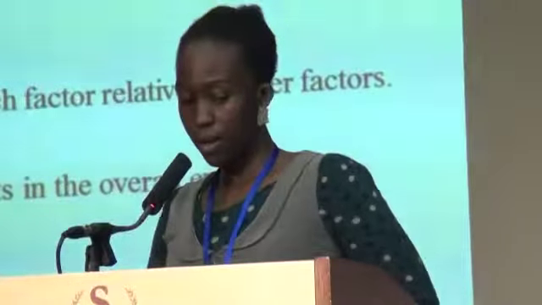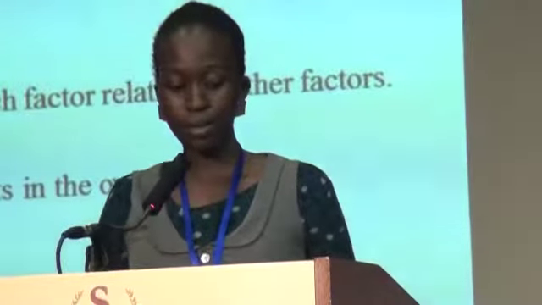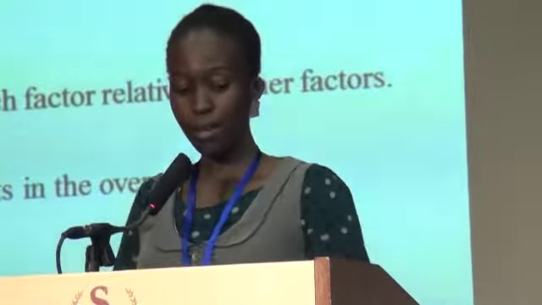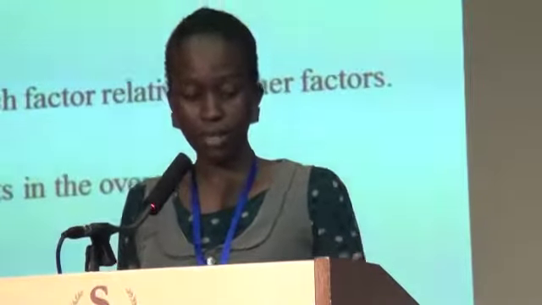From that table, you'll see the scores in descending order, and their weights. After weighting these variables, because we have temperature, precipitation, distance to water sources, you can't evaluate them at that level.